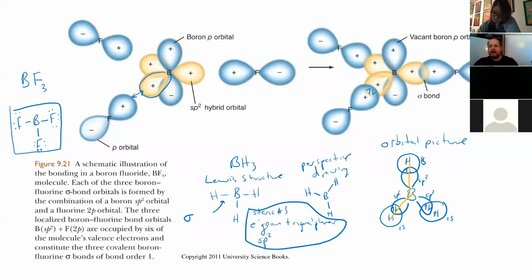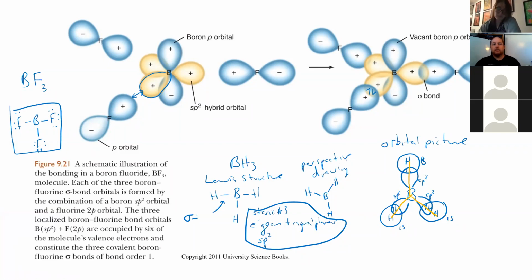We'd have another bonding axis here and another here. When you have those 3 bonding axes, you can take each of those one at a time, and the overlap of the orbitals occurs on that bonding axis. And so that's how we know it's a sigma bond.